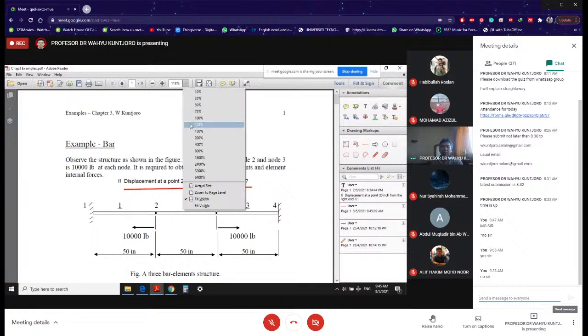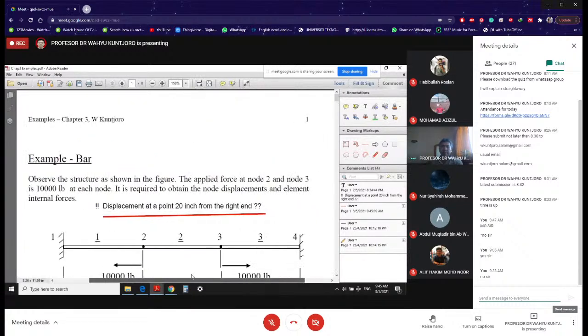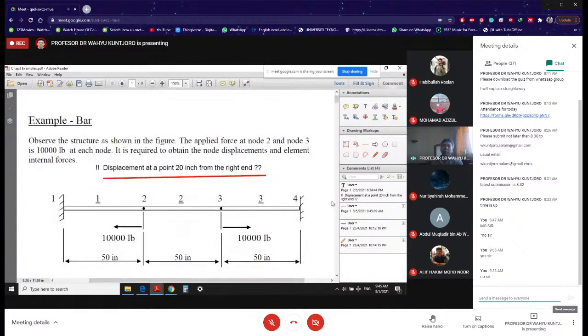So the question here is displacement at a point 20 inch from the right end. So number one, you want to make sure that we talk the same language. Okay? Right end. What is right end over here?